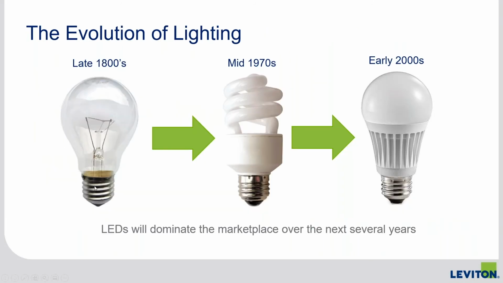So, the evolution of lighting. We started out with these incandescent bulbs that I mentioned, and we identified the need of coming up with a more energy efficient solution. So that's when you see the CFL, compact fluorescent lighting bulbs, in the middle, and that was in the mid-70s.